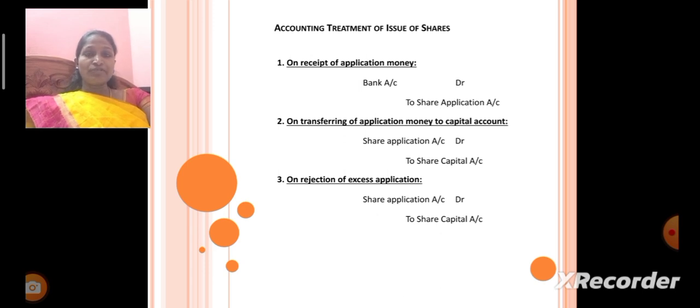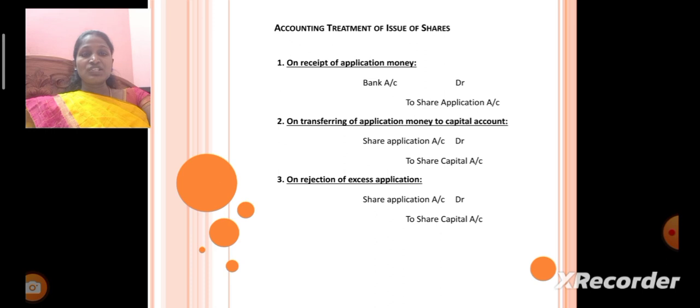First, on receipt of application money, the entry is Bank Account Dr. to Share Application Account. The company, after receiving the application money, will transfer the amount to the share capital account. So the second entry is Share Application Account Dr. to Share Capital Account.